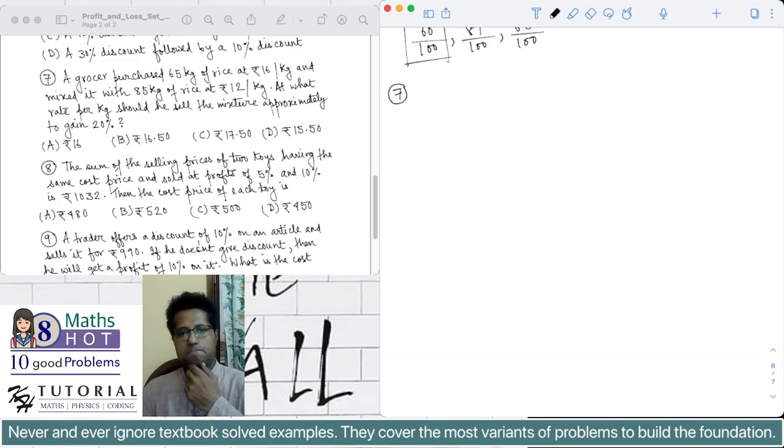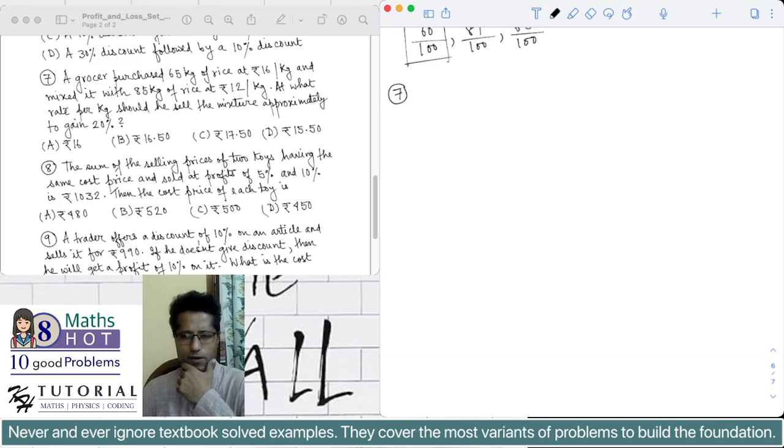Okay, a grocer purchased 65 kg of rice. So two different varieties of rice were purchased. The first variety was purchased 65 kg. The second variety was purchased 85 kg, and both the varieties are having different rates. So we have to first find the cost price of both the varieties, that is the cost price of 65 kg of rice and the cost price of 85 kg of rice according to their rate of price.